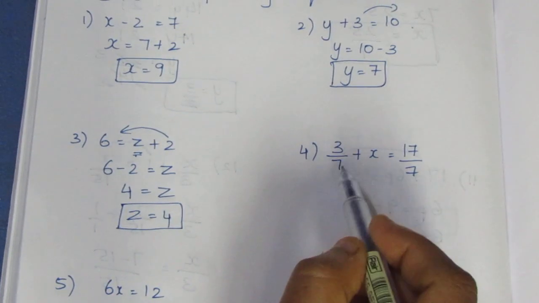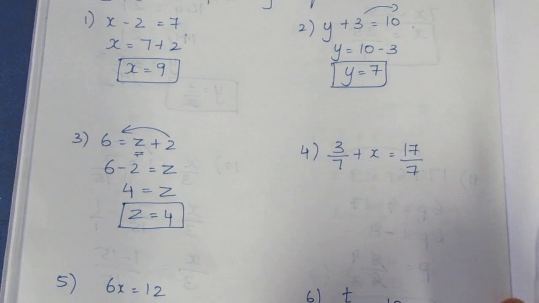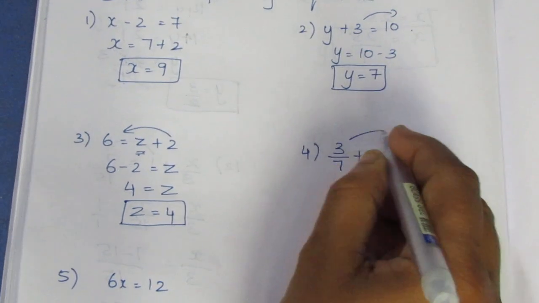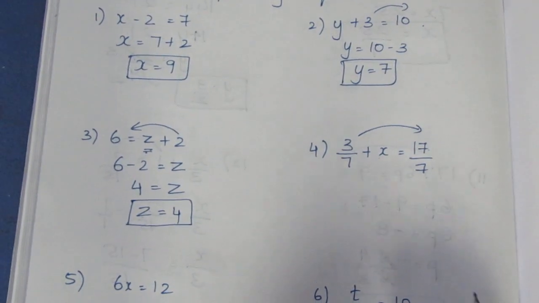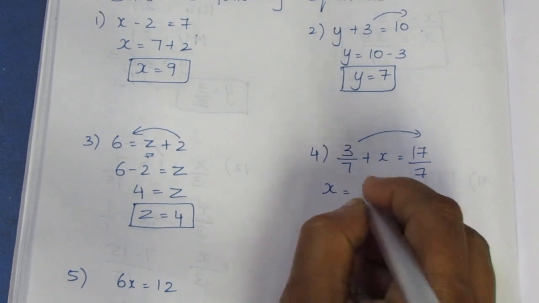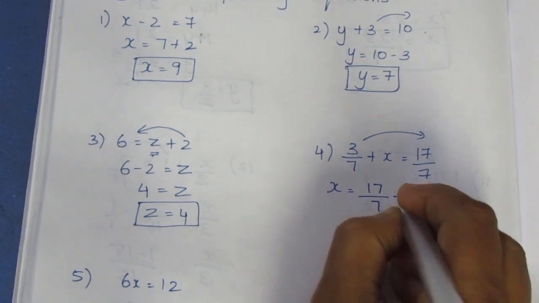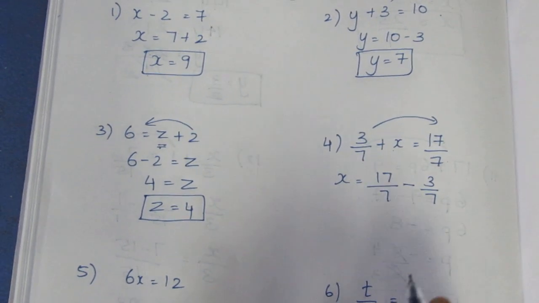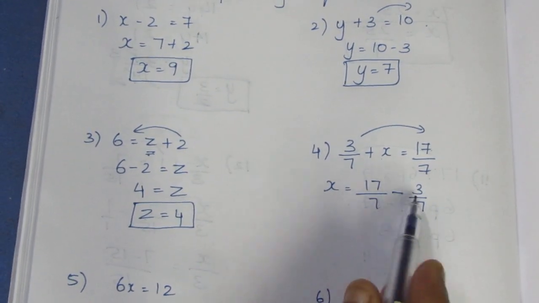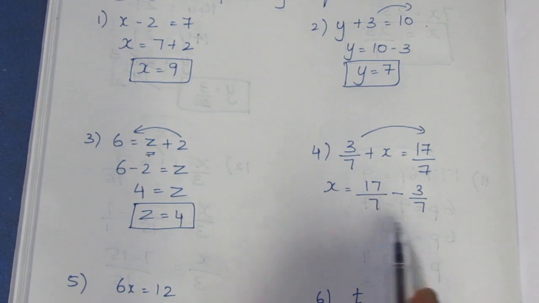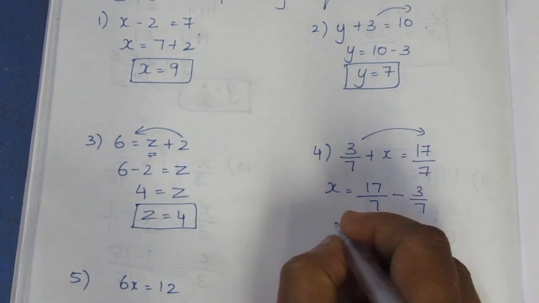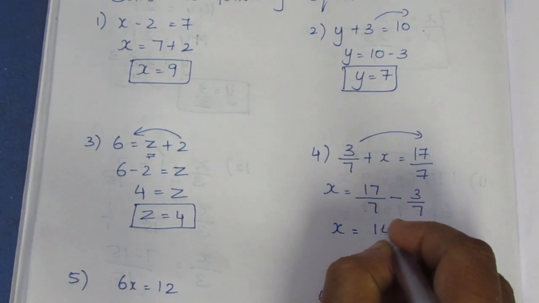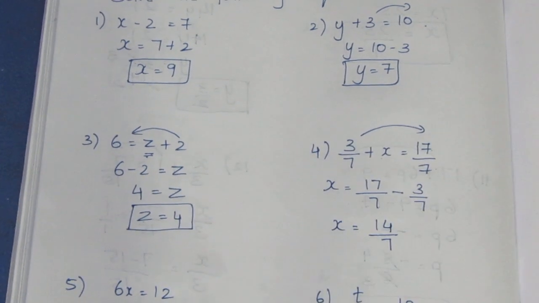Now fourth sum, 3 by 7 plus x is equal to 17 by 7. The number with x, bring it to the other side. x is equal to 17 by 7 minus 3 by 7. Here we can subtract the numerators because the denominator value is the same. So x is equal to 14 by 7, as 17 minus 3 is 14.